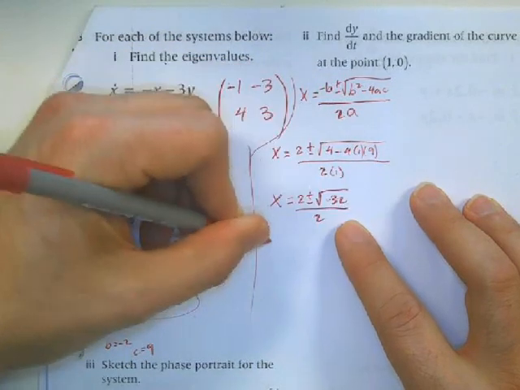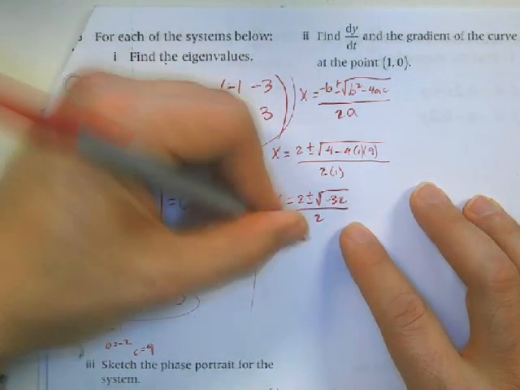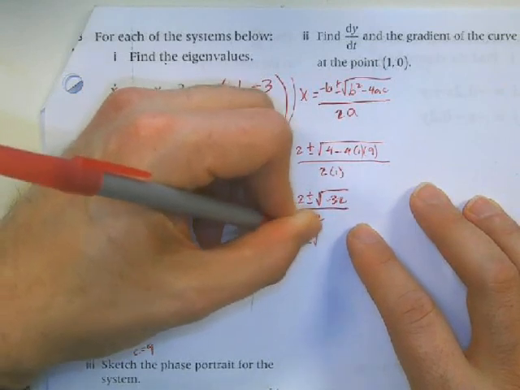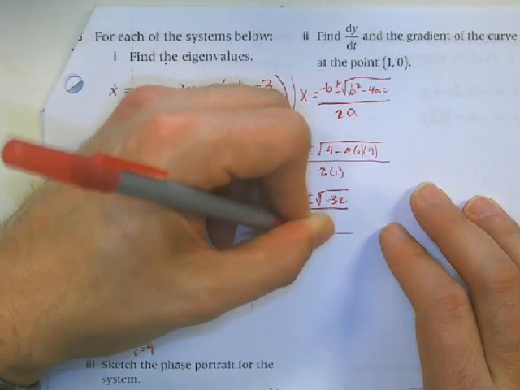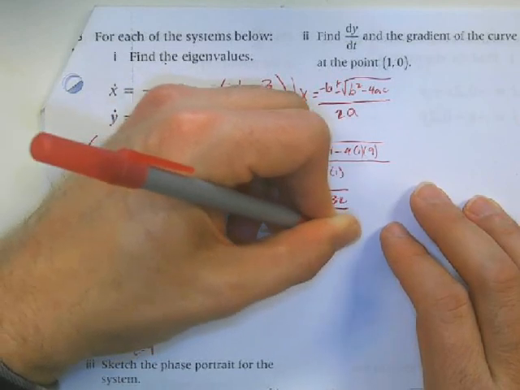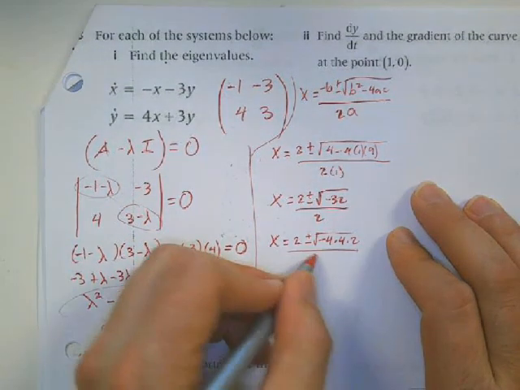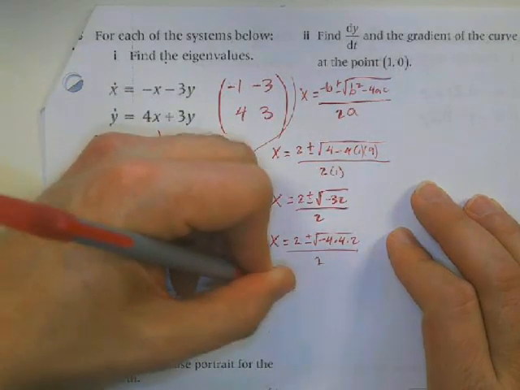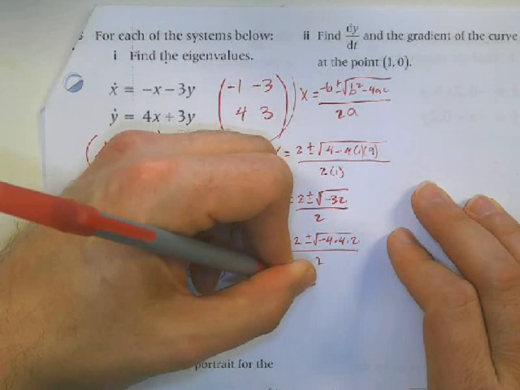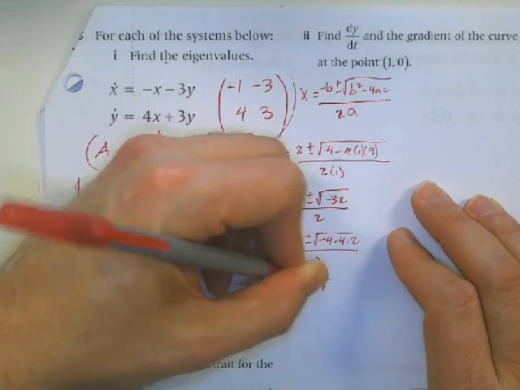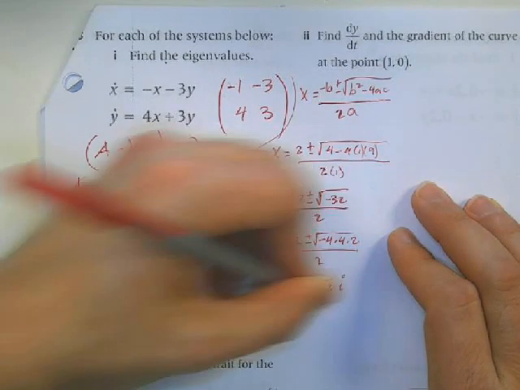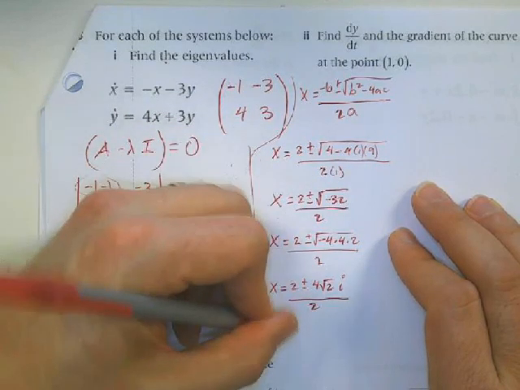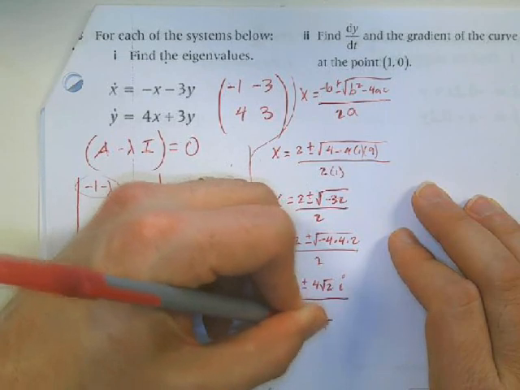And then I have x equals 2 plus or minus, think of this as -16 times 2, all over 2. So that can be simplified as 2 plus or minus 4 square root 2 i over 2. And finally, we get 1 plus or minus 2 root 2 i.